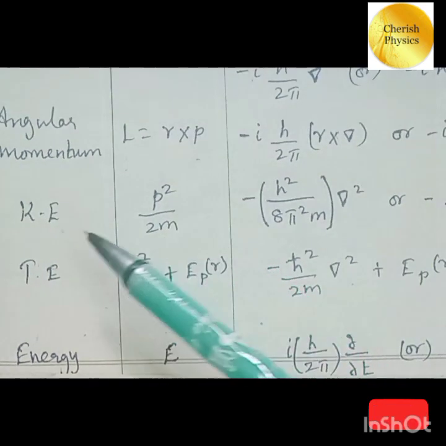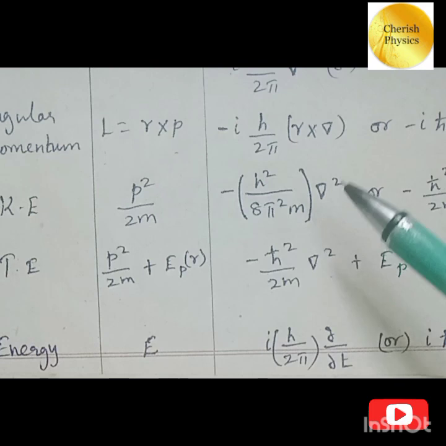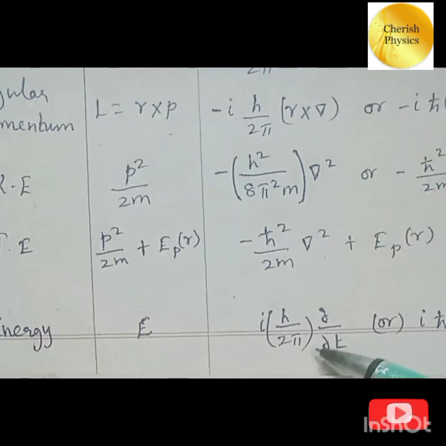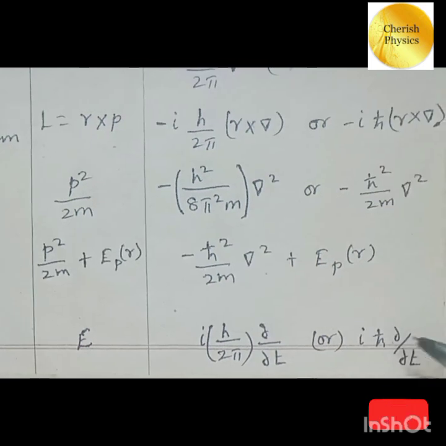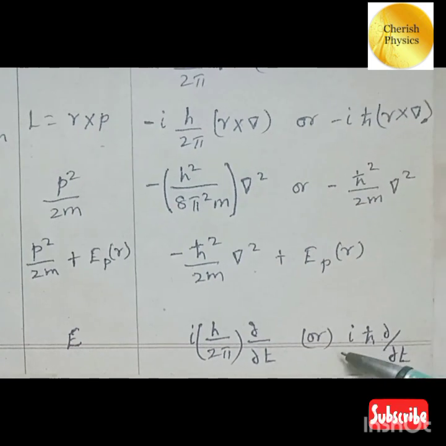In this case, we have written in terms of the partial derivatives of the x component. Here we have written the quantum operator for energy in terms of partial derivatives with respect to time. In a simple form, we can write it as i h cross dou by dou t.